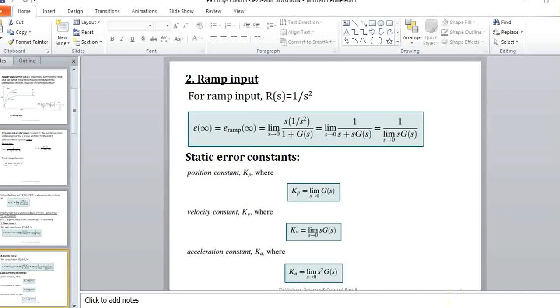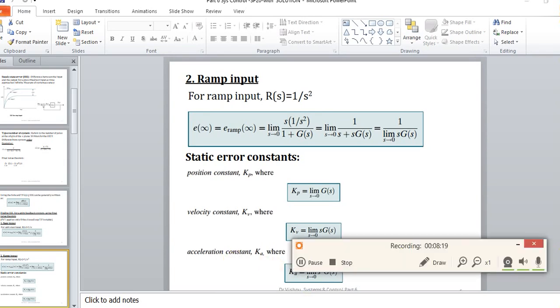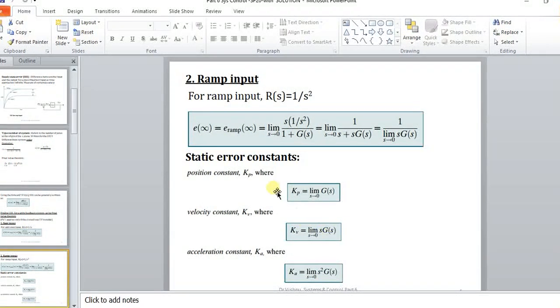There is another way of doing this, that is to use what is called static error constants. To use static error constants, we are going to define three constants, namely position constant Kp, velocity constant Kv, and acceleration constant Ka. This position constant Kp is defined as limit s tends to 0 G(s).